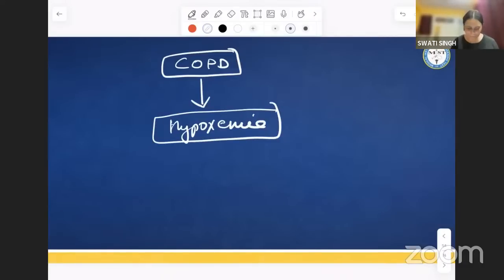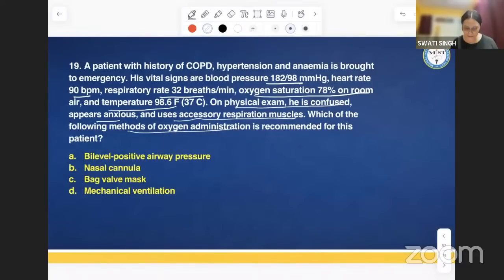Now guys, when the patient is in hypoxemia and he is having symptoms of hypoxemia and respiratory muscles are right. So what I'm trying to say is if clinical features of confusion, etc. are coming because of hypoxia, so what you should do, right?